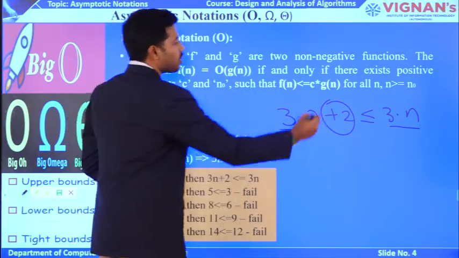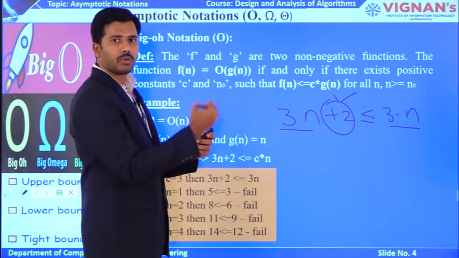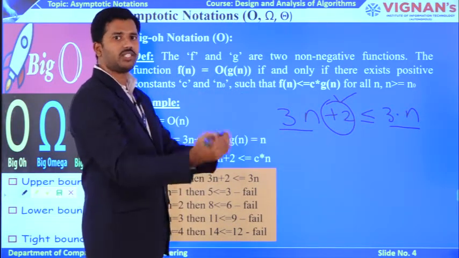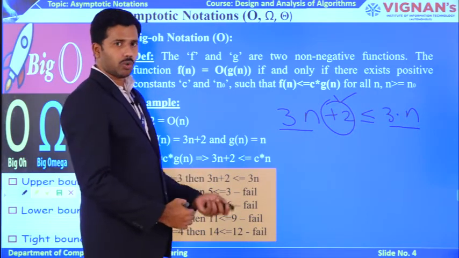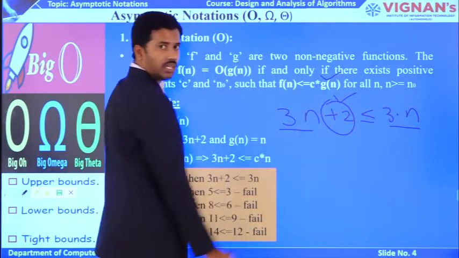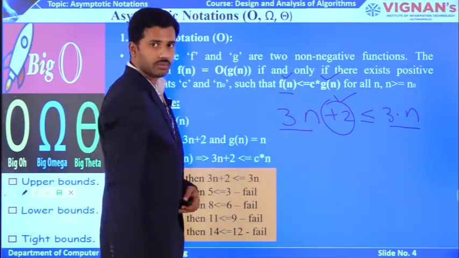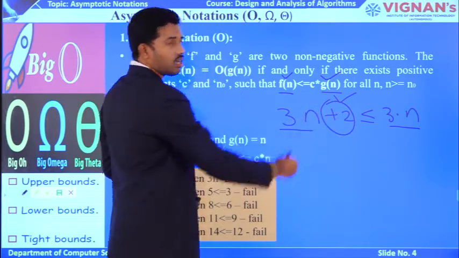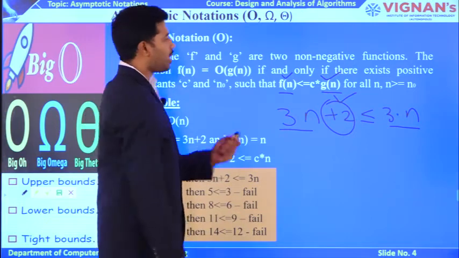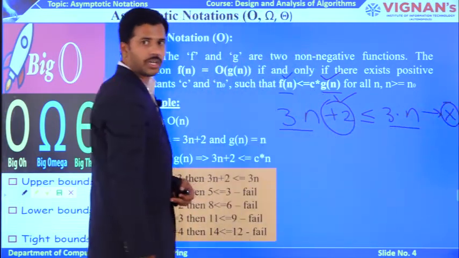Because of this extra constant value, f of n is always going to have a higher value than g of n. Your target is to prove g of n has a higher value than f of n. f of n must have a lower value compared to g of n. Because of this extra 2 constant in f of n, my entire relation fails.